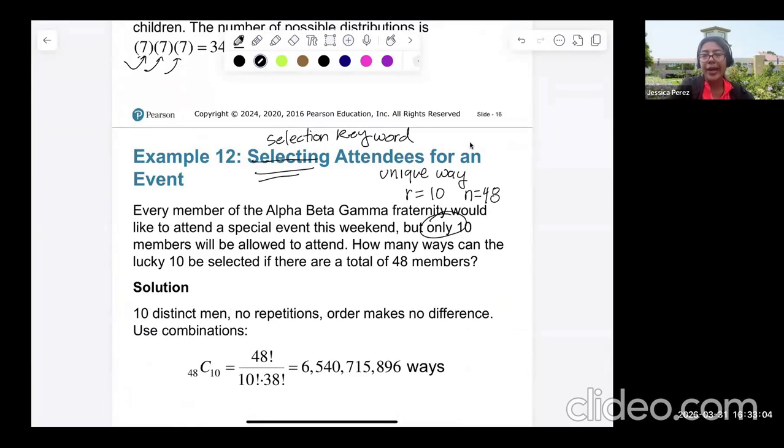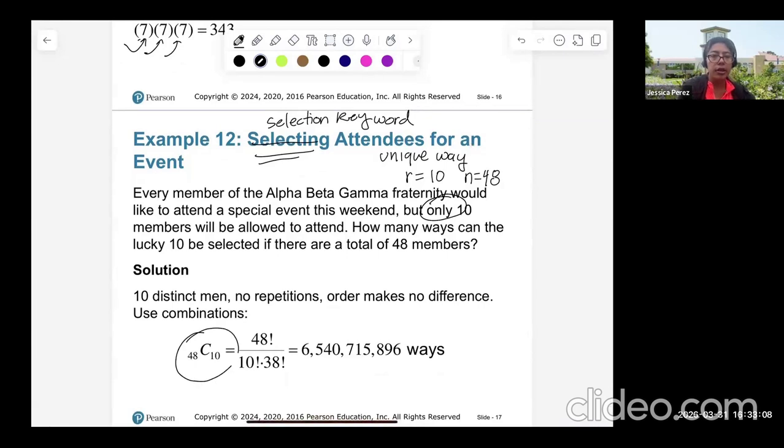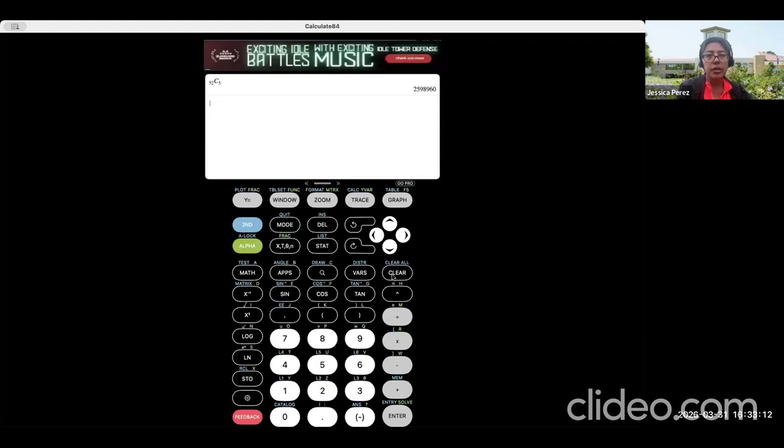So we do 48 combine 10. And then let's plug this into our calculator to be familiar with the process. We'll go to math, then to prob, then to nCr, and then we put 48 n, and then we're selecting 10 lucky people.